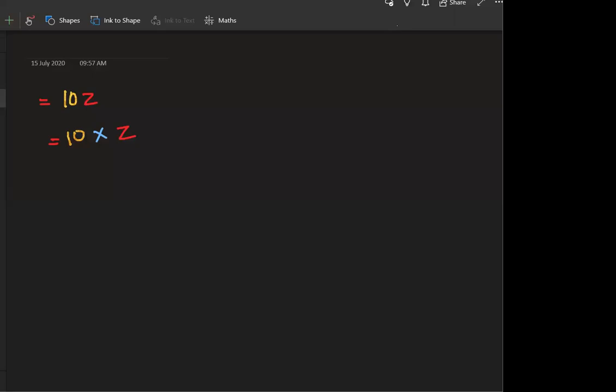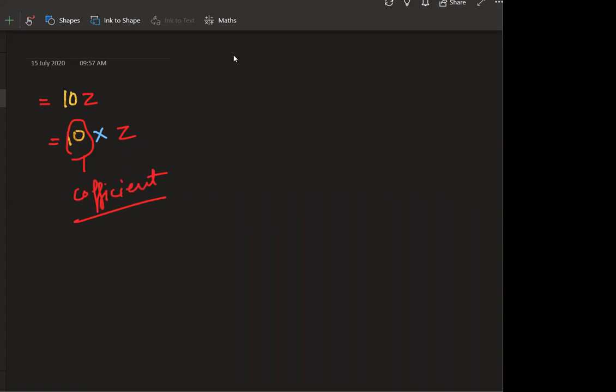Tell me fast. Yes, 10 is in multiply with the variable, so 10 is the coefficient. 10 is the coefficient. Is it clear?